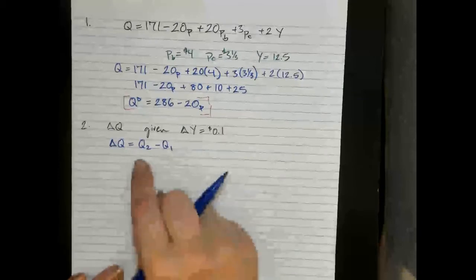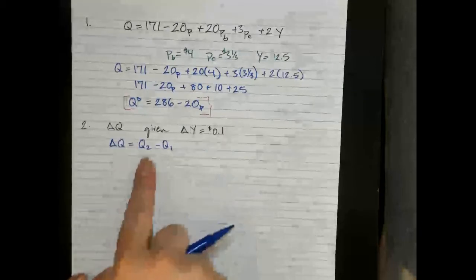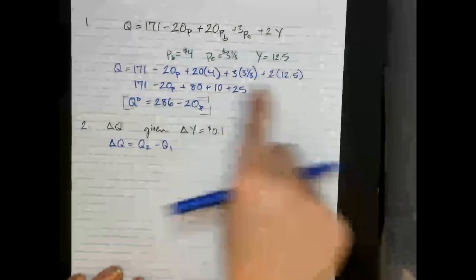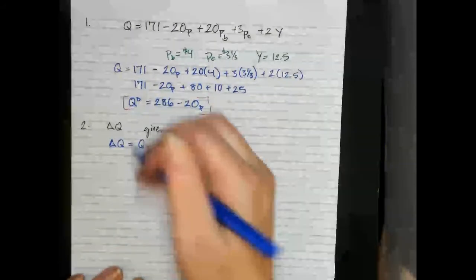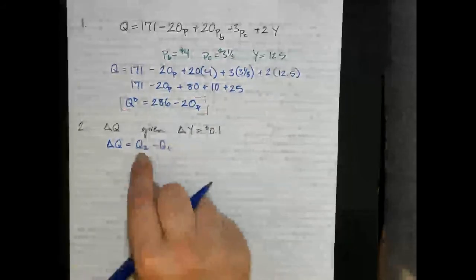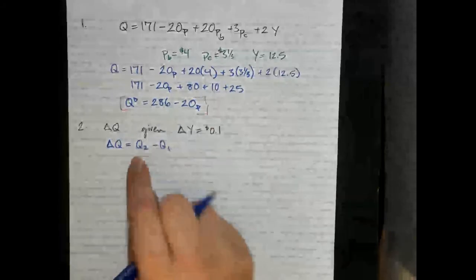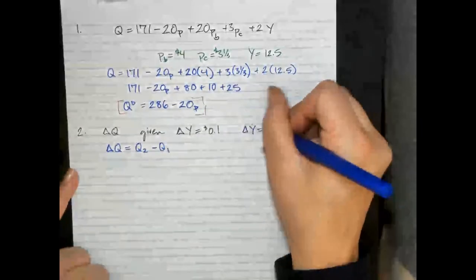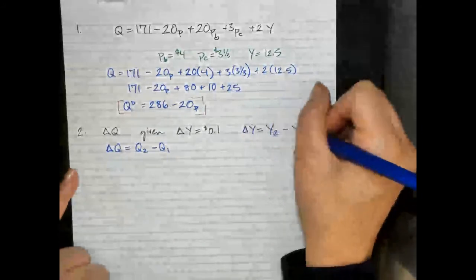Then we remember that our equation for Q comes from here. If we're going to be changing Y, then we can hold everything constant except for Y. So we can sub in our formulas for our quantity demanded at different incomes, because we're changing Y. Remember, change in Y is equal to Y2 minus Y1.